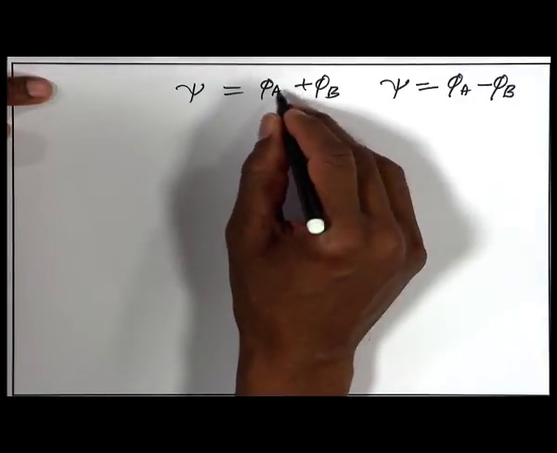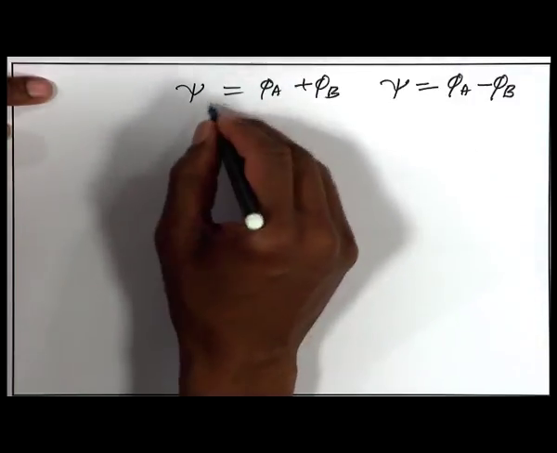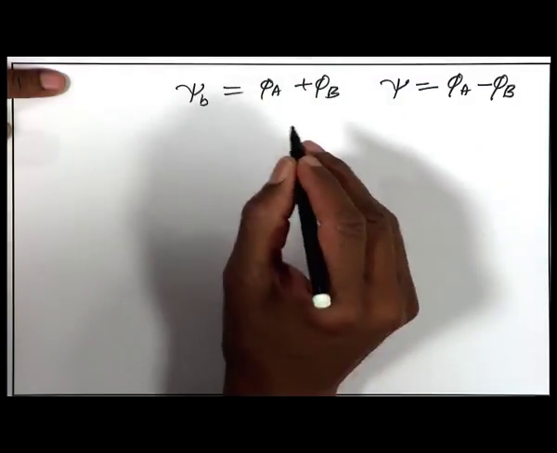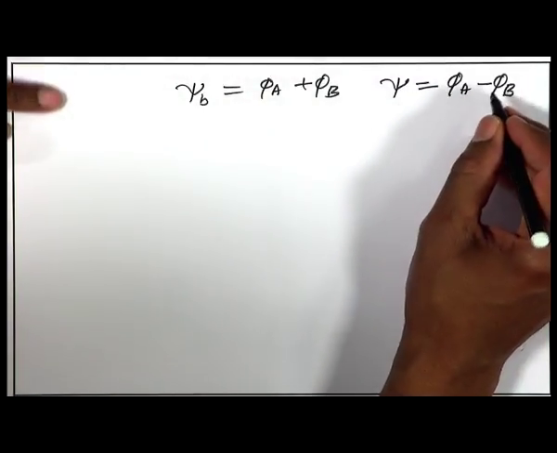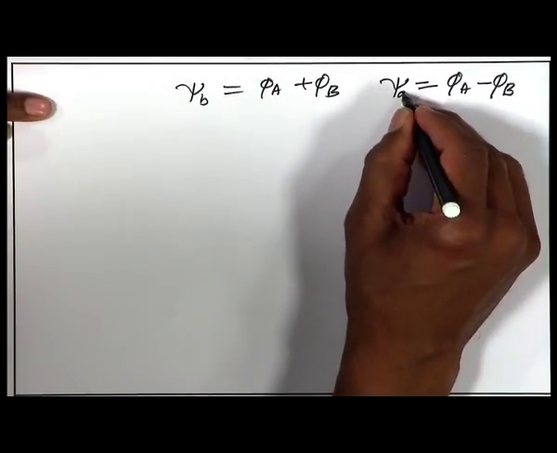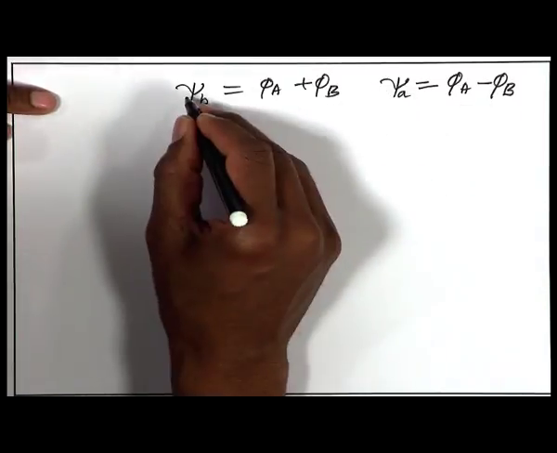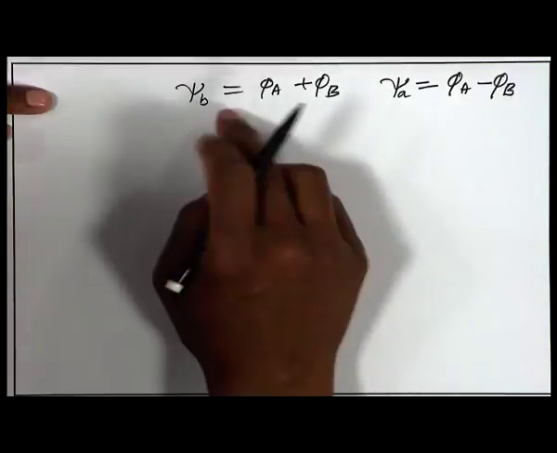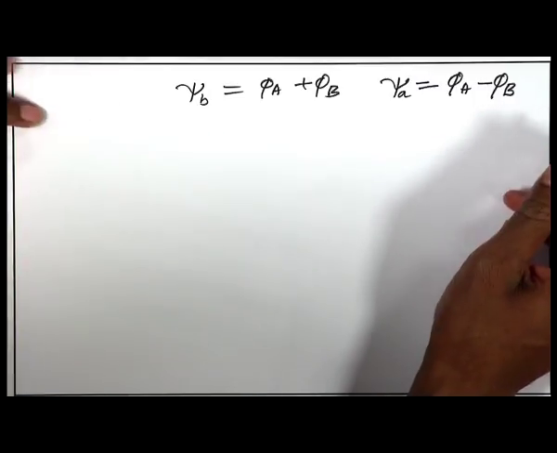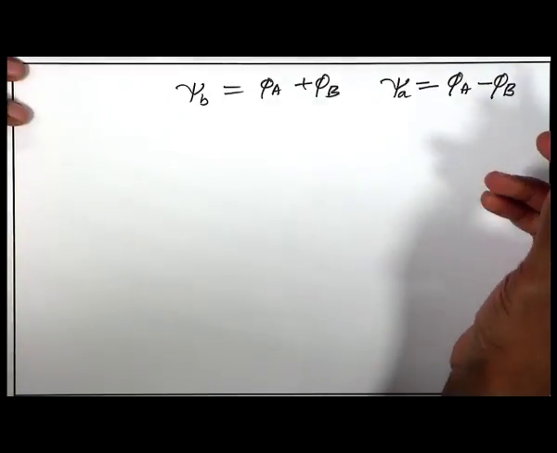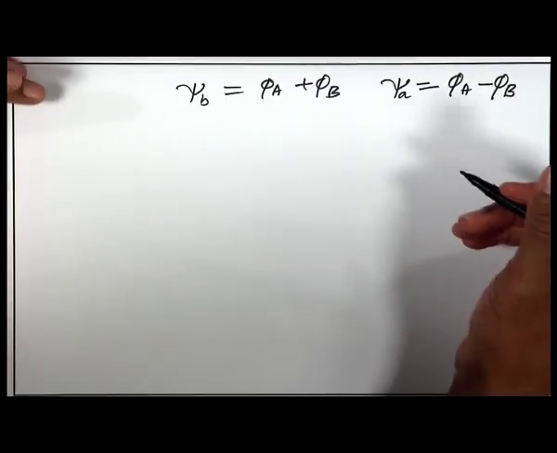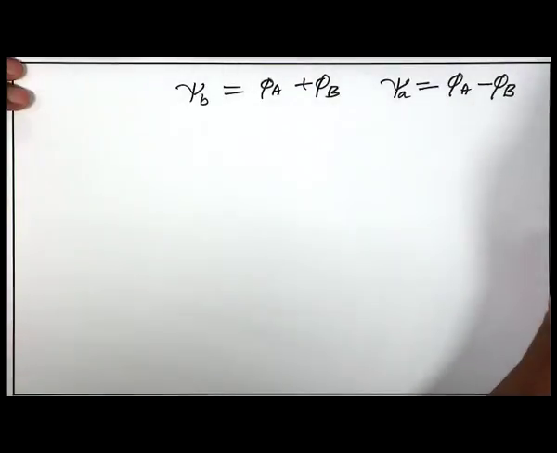When these two wave functions are added, it is called bonding, psi b. When these two wave functions are subtracted, it is called antibonding, psi a. We have to understand clearly what these two equations mean. Then only you can understand why one energy level is lower and why the other is higher in energy.